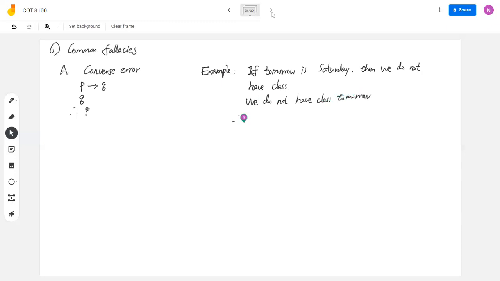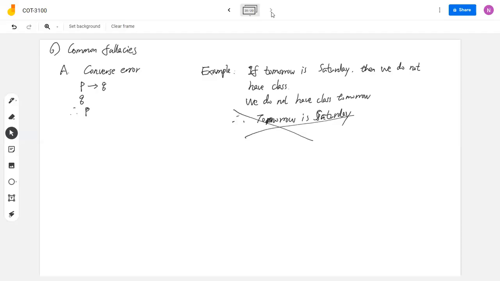Can we reach the conclusion that tomorrow is Saturday? Of course not, right? Because tomorrow being Saturday is just a sufficient condition for not having class. Maybe tomorrow is Sunday, we also don't have class. Even if tomorrow is Monday, if it's Martin Luther King Day, we don't have class either. So we definitely won't have this conclusion.